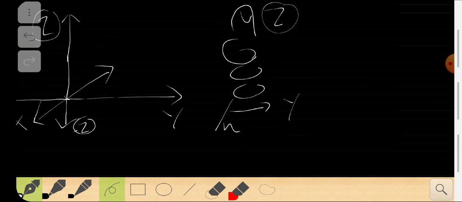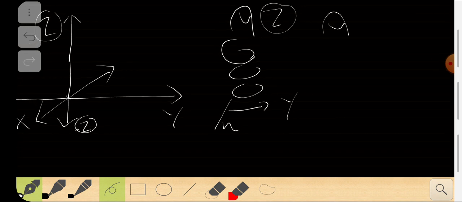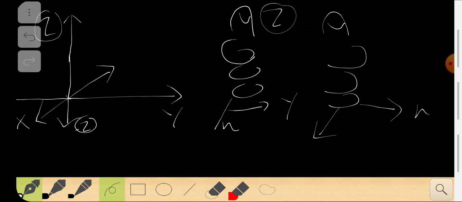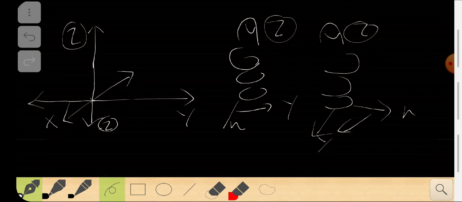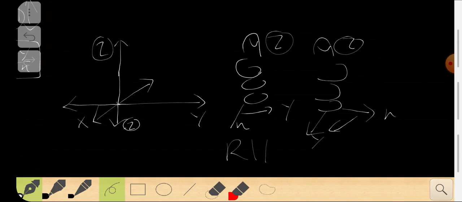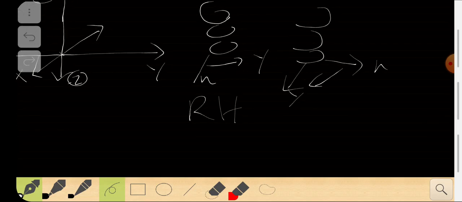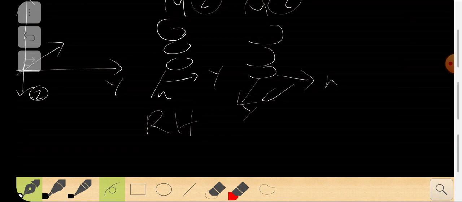If it's a left-handed coordinate system, the fingers will be curled in the other direction, and z will be in the opposite direction. That's how you differentiate between right-handed and left-handed coordinate systems. You must always use the right-handed coordinate system. That is the only place where x cross y is equal to z, in the cross product, which I will explain. You don't need to worry about that.